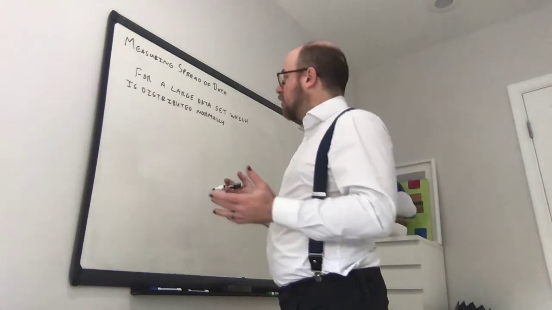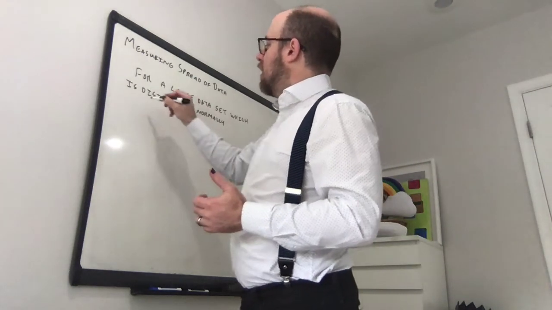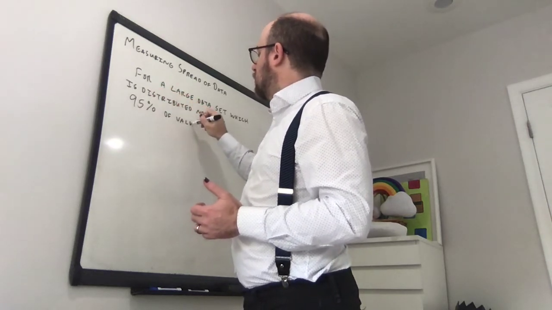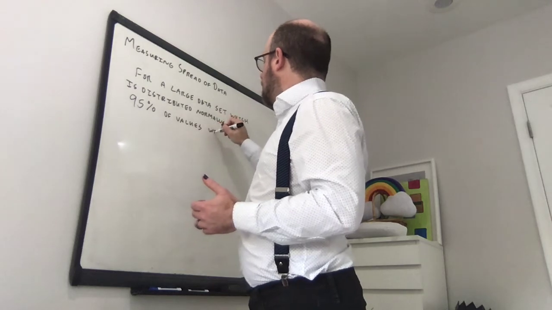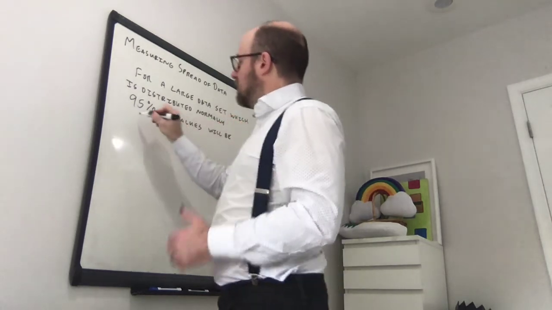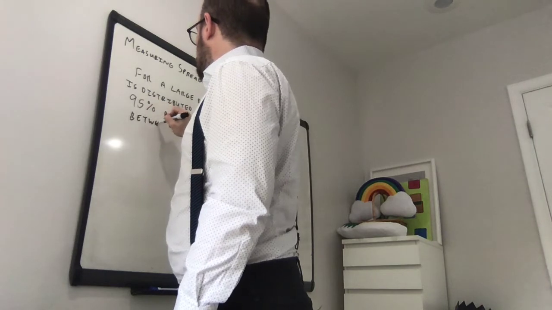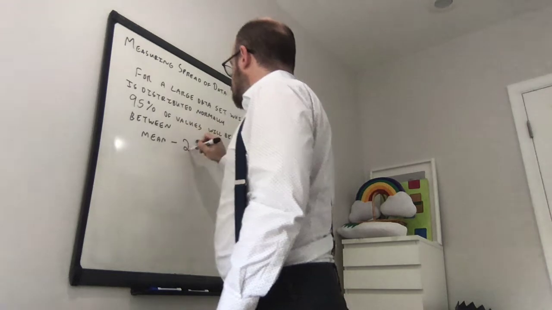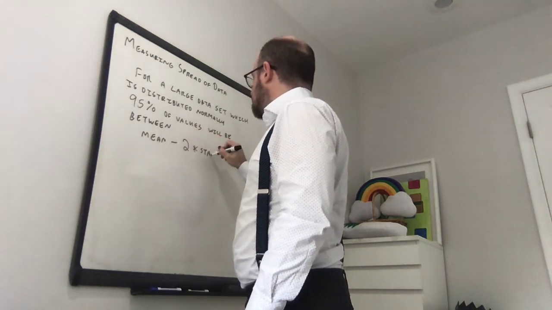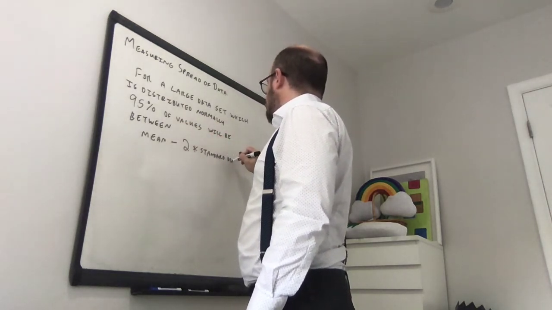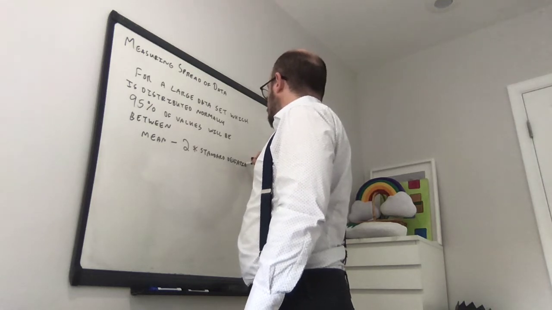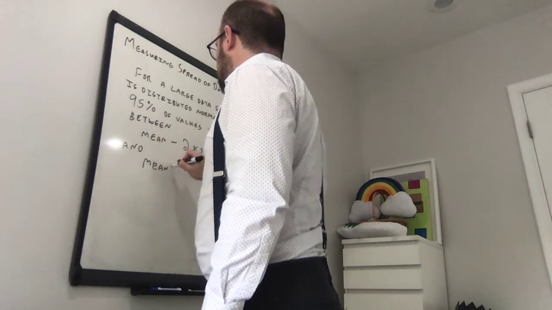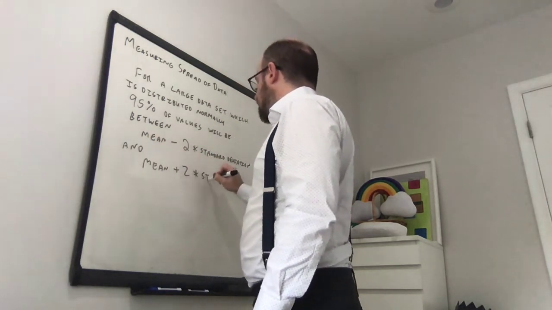Okay? So for a large data set which is distributed normally, 95% of values will be between the mean minus 2 times the standard deviation and the mean plus 2 times the standard deviation.